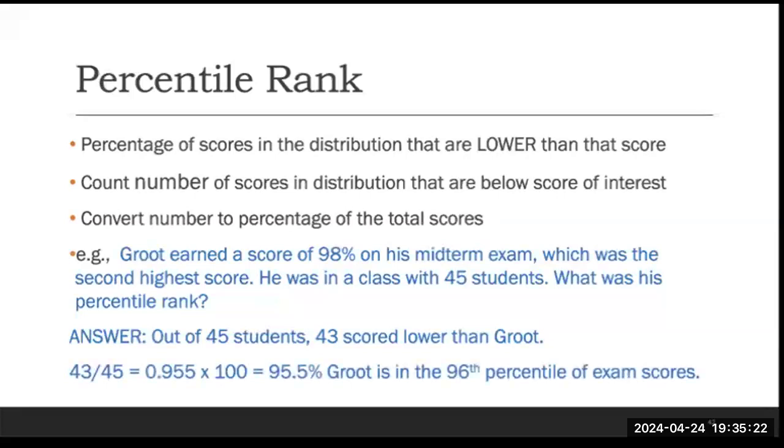Convert that to a percent, so it's 95.5%, and you can round that. Groot is in the 96th percentile of exam scores. So that's how you would calculate percentile rank. Does that make sense? Yeah, okay.